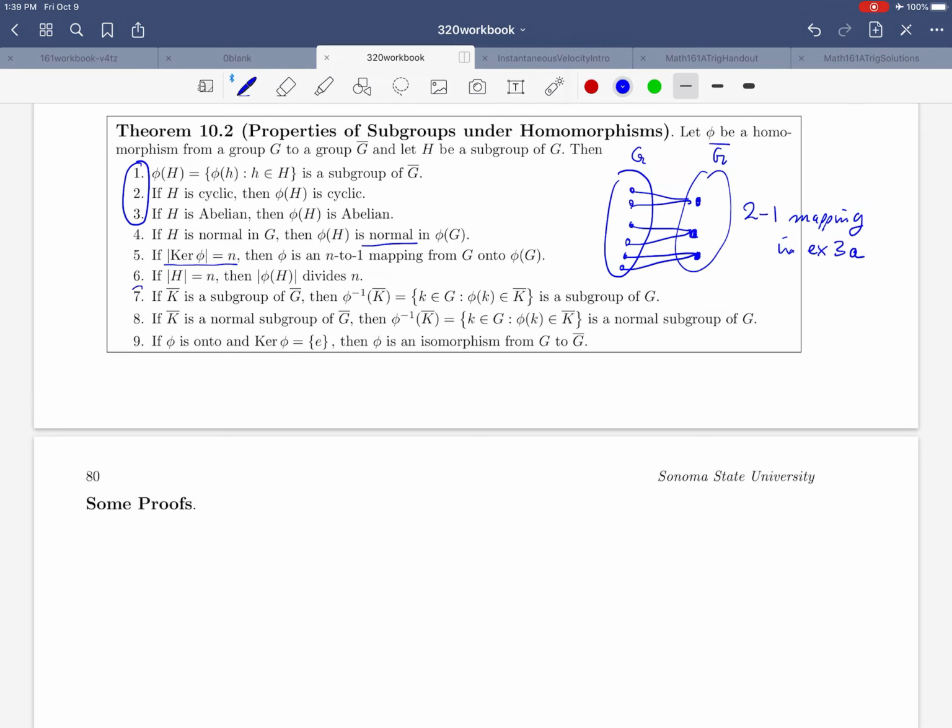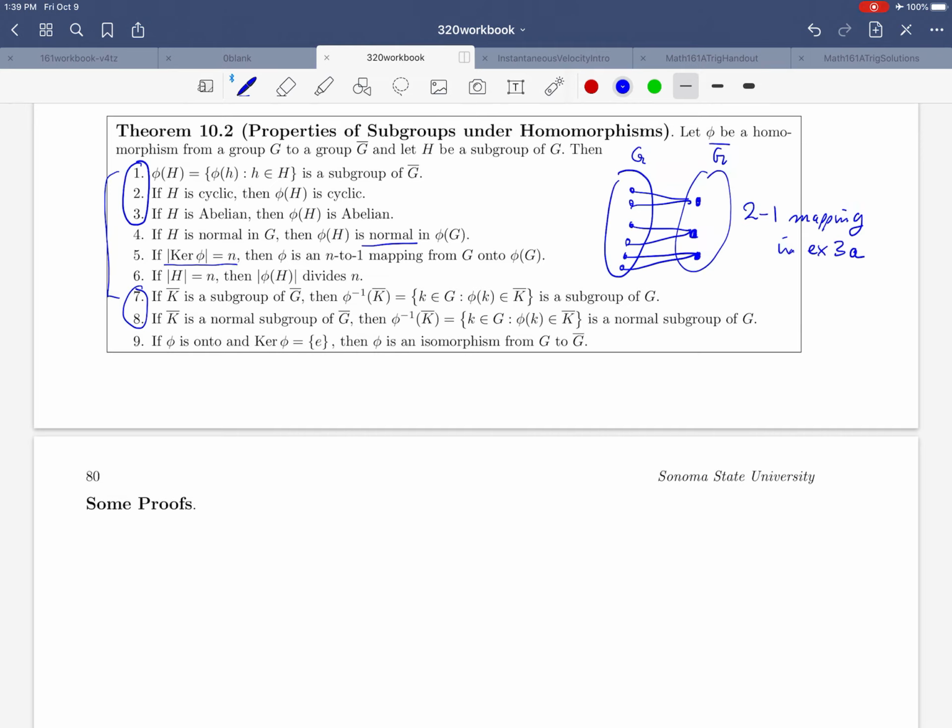And then we have two important properties that we're going to talk about in a little bit more detail. If K bar is a subgroup of G bar, so if we have a subgroup in our image group, then the inverse image of that subgroup is also a subgroup of G. So we had the similar property, number 1, that if H is a subgroup, then phi of H is a subgroup.